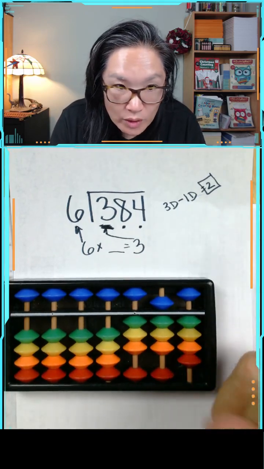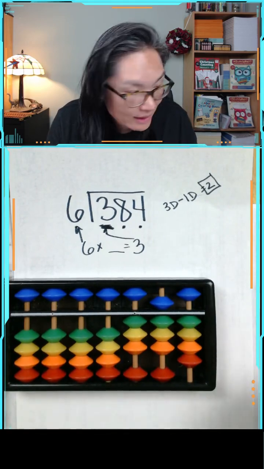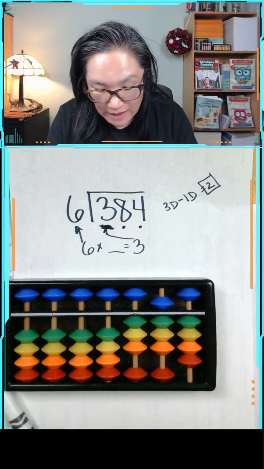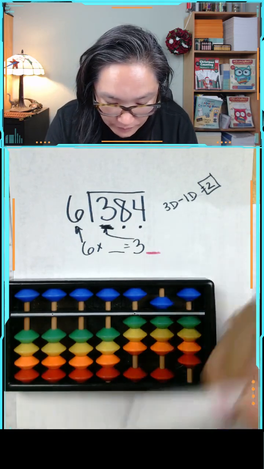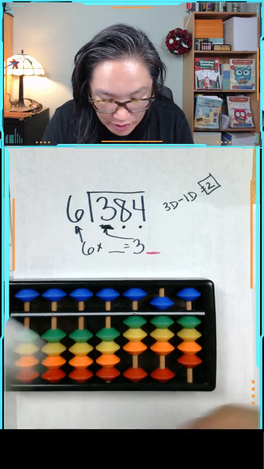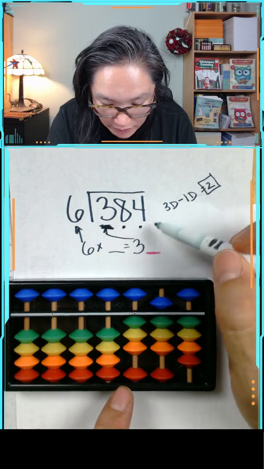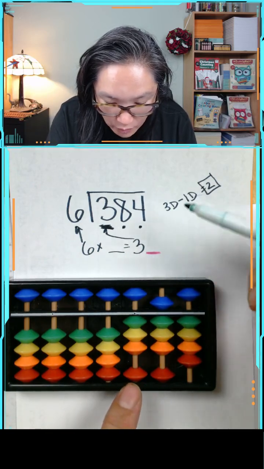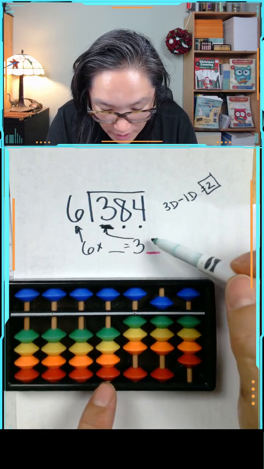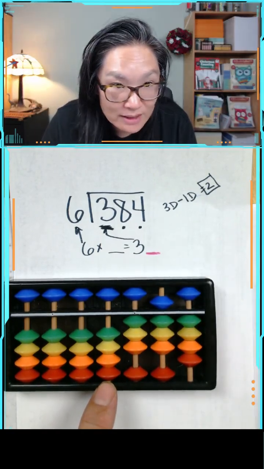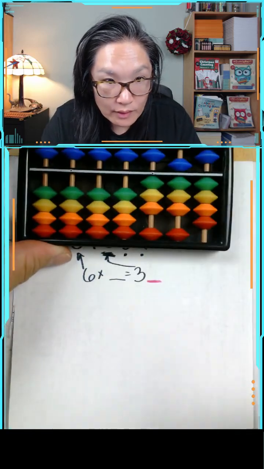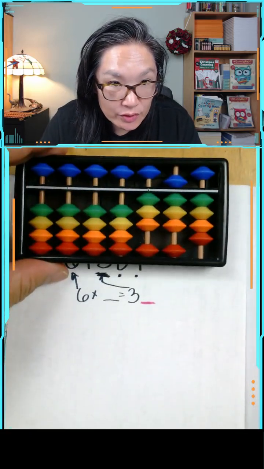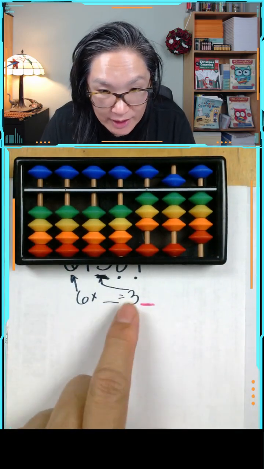No. So we need to make it a double digit, because there's no 6 times what is equal to 3. To make it a double digit, what number do we have to bring down?